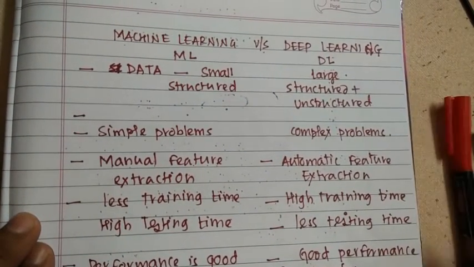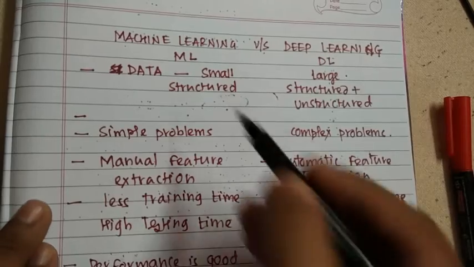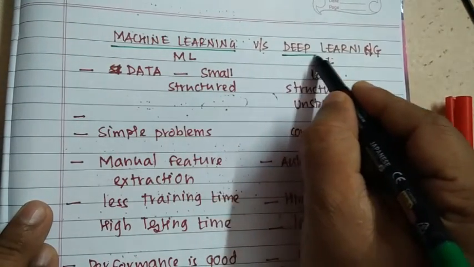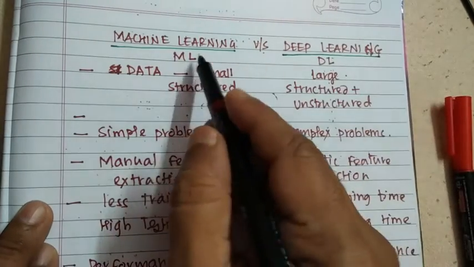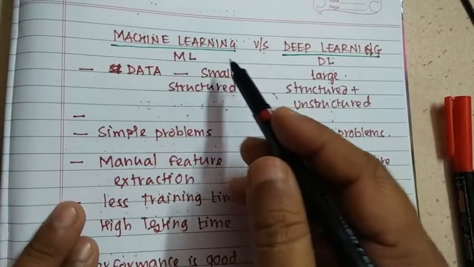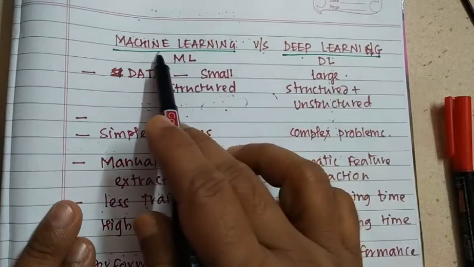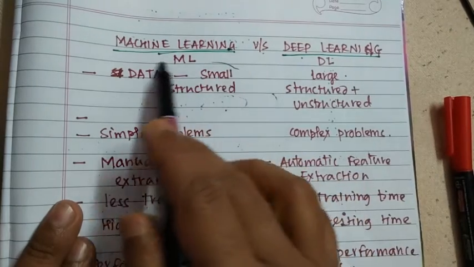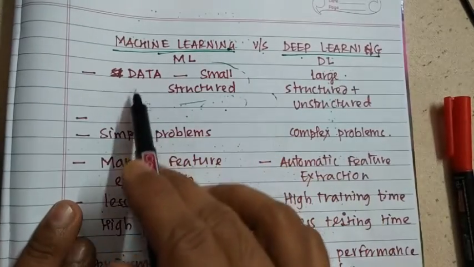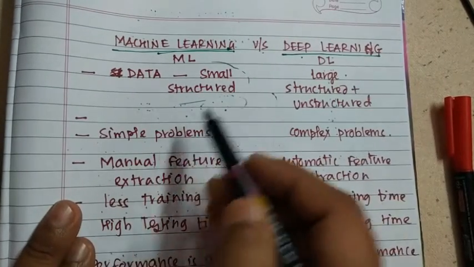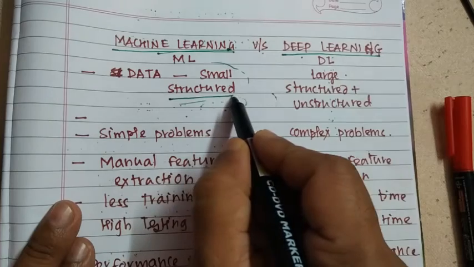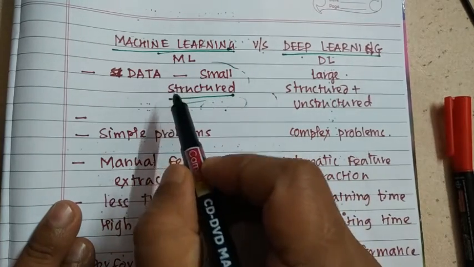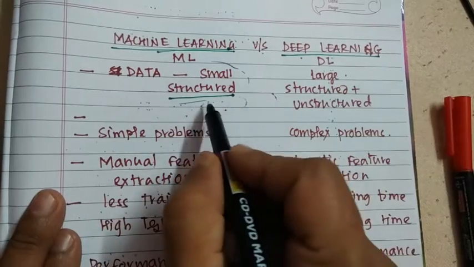So why do we have to go for deep learning? Because machine learning we have already seen. Now, the first concept is that deep learning is a subset of machine learning. When the data is small and in a simple format, or structured data, in that case machine learning will give you the best results.